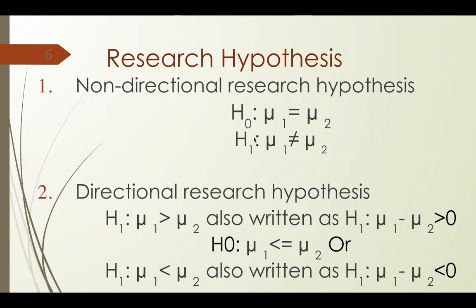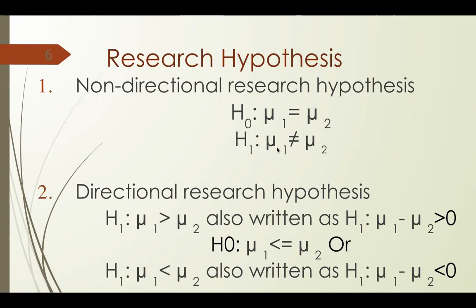So the easiest way is to always state your research hypothesis, also called the alternative hypothesis, first, and then its opposite is your null hypothesis. And statistically speaking, you have to reject the null hypothesis in order to accept the research hypothesis.